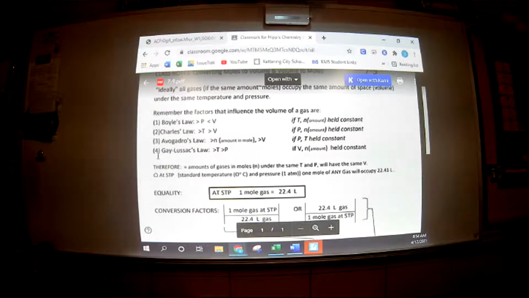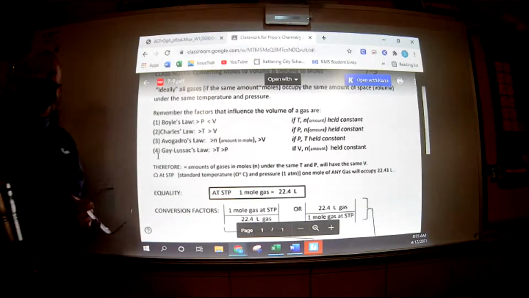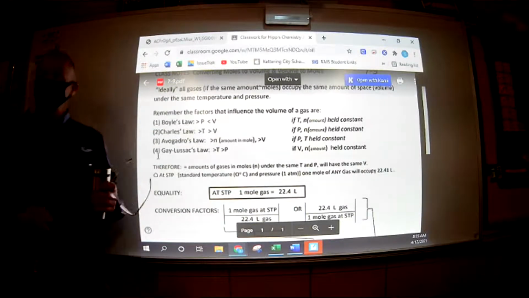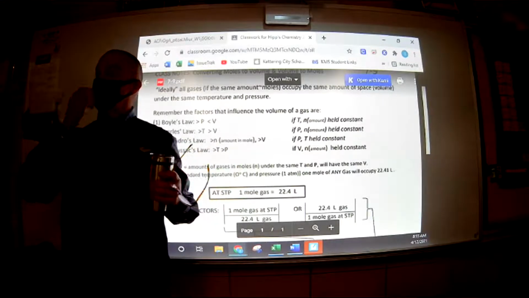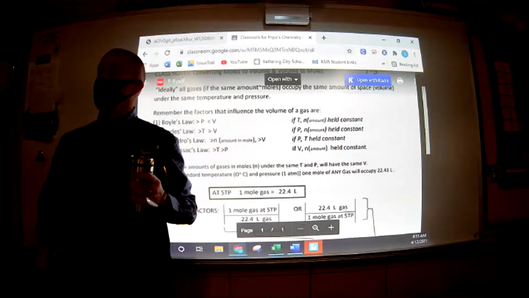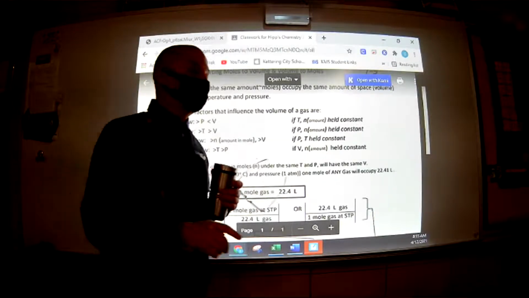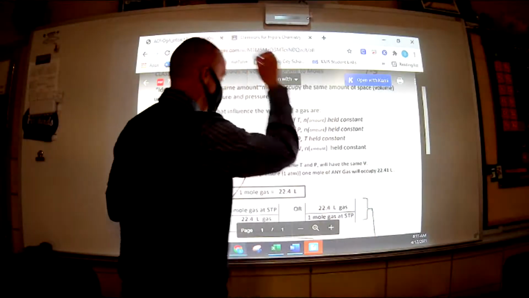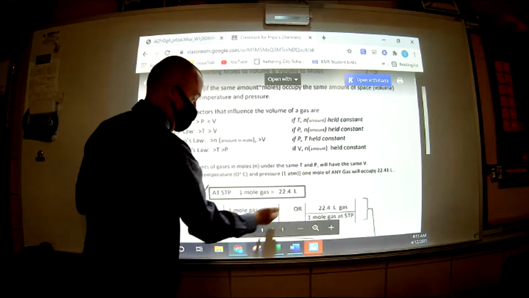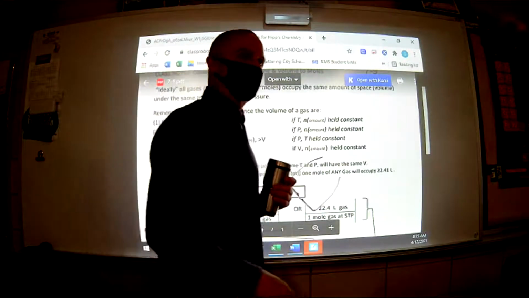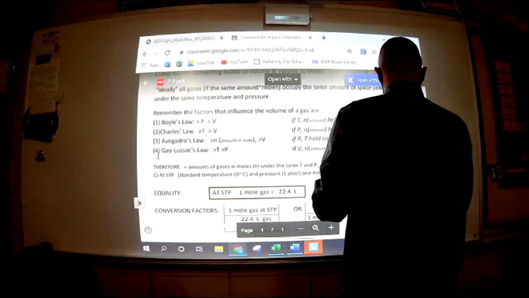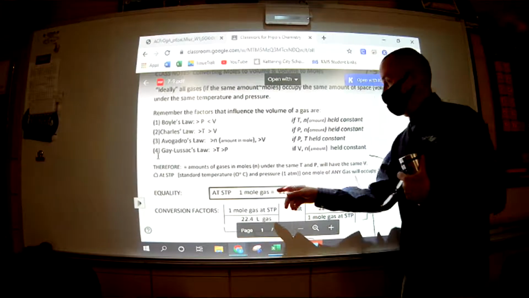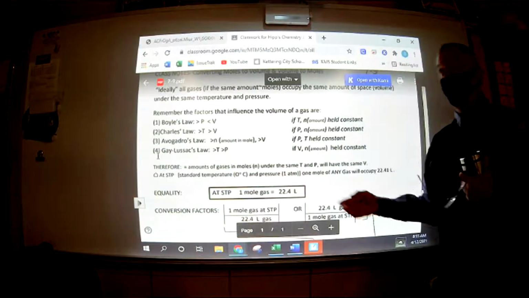When we talked about where 22.4 comes from, did we show you how they got 22.4? One mole of gas takes up 22.4 liters of space, and that is only at STP, 0 Celsius and 1 atmosphere.